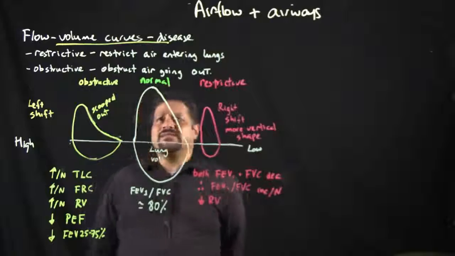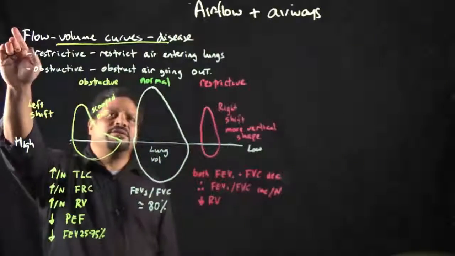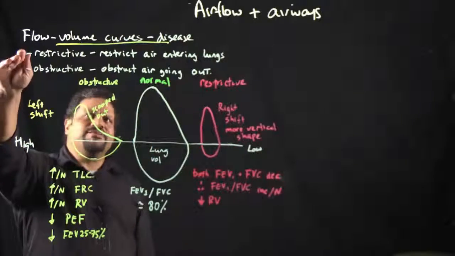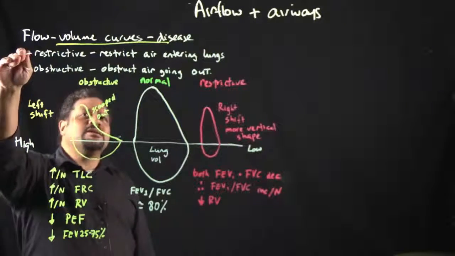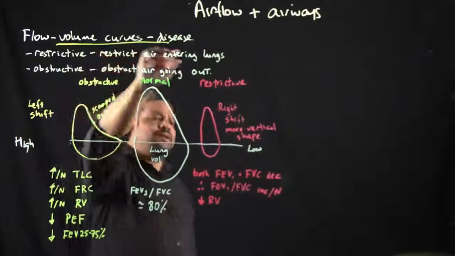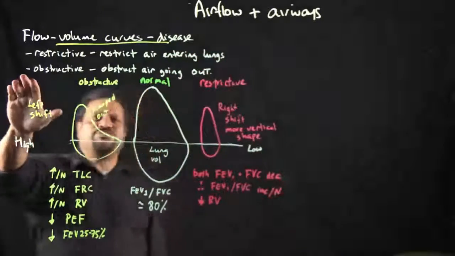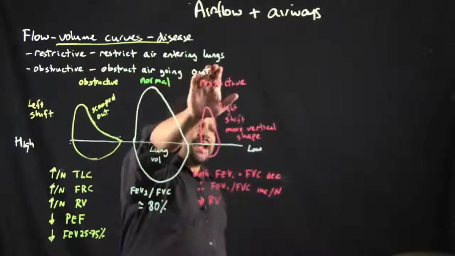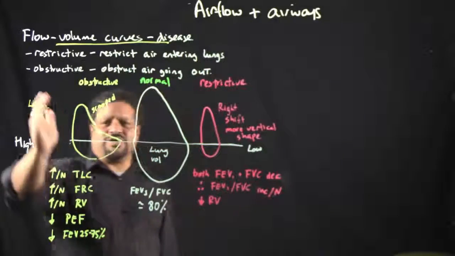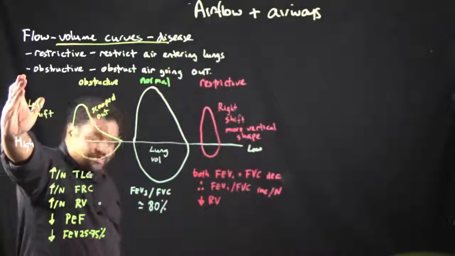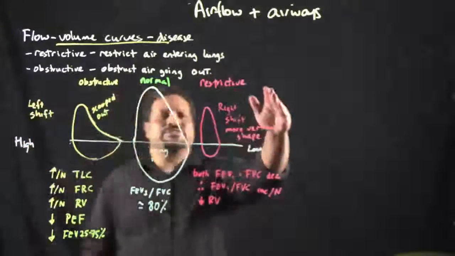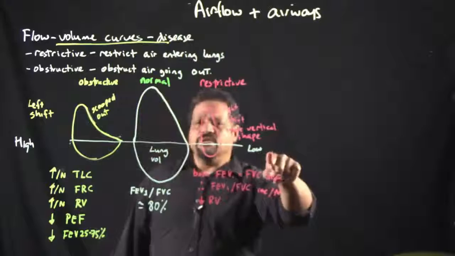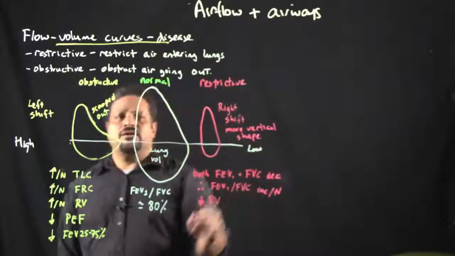Okay, let's see how the flow volume curves are altered in different disease states. So we have the restrictive pulmonary diseases, where you have a restriction of air entering the lungs, or obstructive pulmonary diseases, where you obstruct air going out. The obstructive is shown in yellow, where you have a left shift, and the restrictive is shown on the right, where you have a right shift and lower lung volumes.